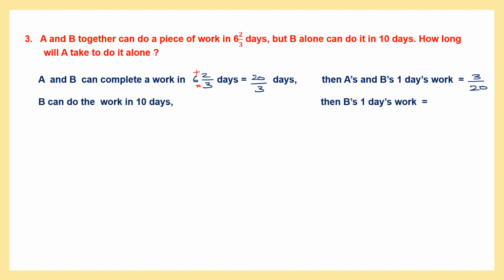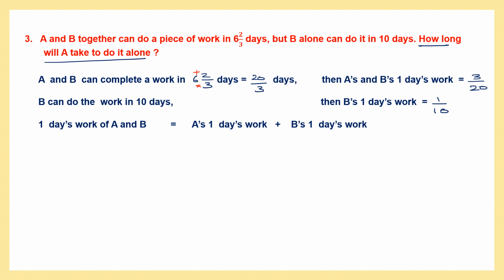Then B can do the work in 10 days, so B's 1 day's work will be 1/10. Now we are asked to find how long A will take to do it alone. So 1 day's work of A and B is equal to A's 1 day's work plus B's 1 day's work, isn't it?